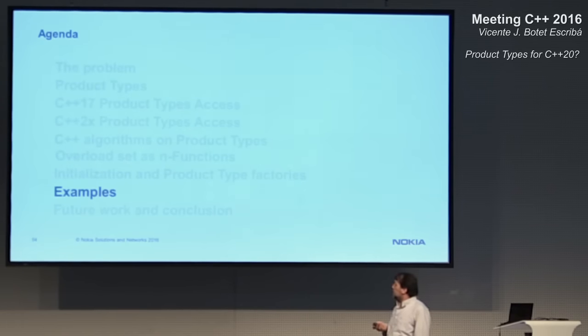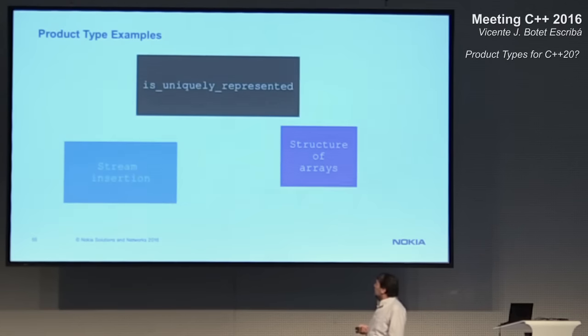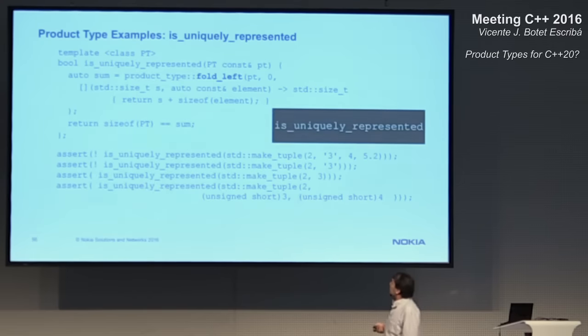Let me finish with some examples. Is unique represented is a trait that defines if a type has no padding between the different elements.